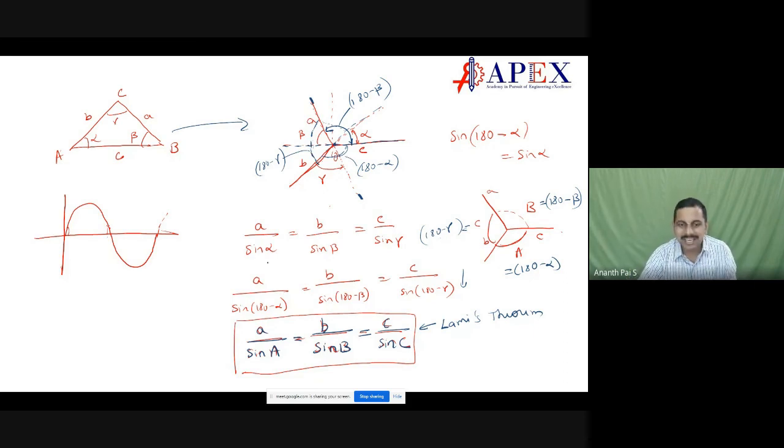The same thing, instead of alpha, beta, gamma, from this we are getting this. I hope you have understood this, students, although I took some time to make you understand. So what is happening? From the triangle law, Lami's theorem comes. The base of Lami's theorem is the triangular law.